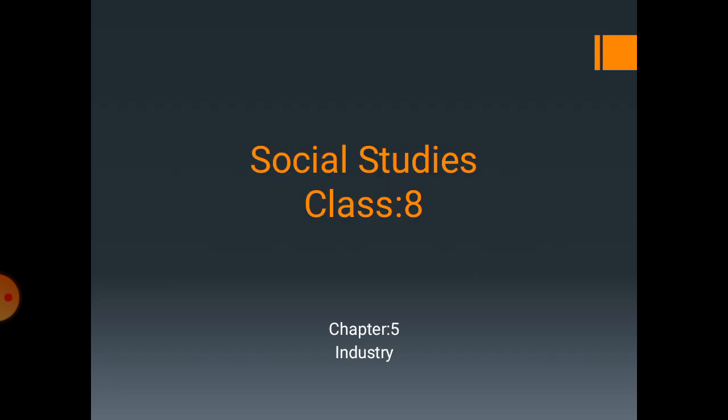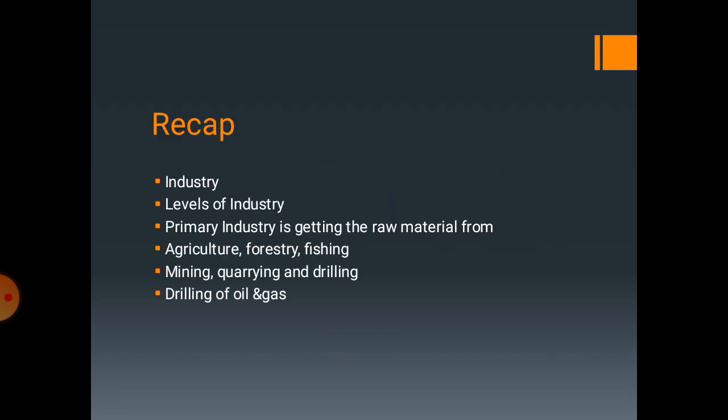Students, we have been studying chapter 5, Industry, and we have discussed in great detail what industry is, that is, manufacturing of goods in factories. There are three levels of industries, and the primary industry is the first level, that is getting the raw material, and we get these raw materials from agriculture, forestry, fishing, mining, quarrying and drilling.